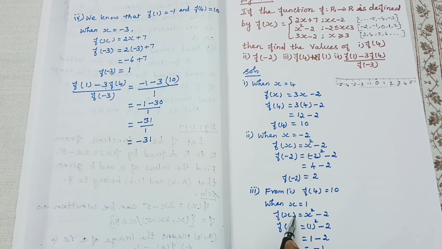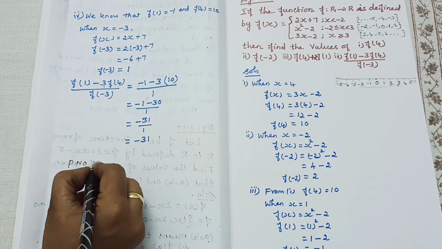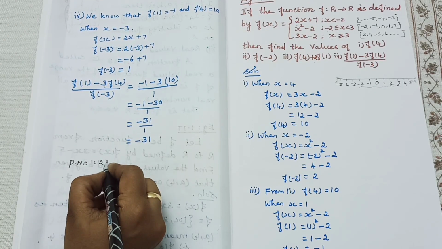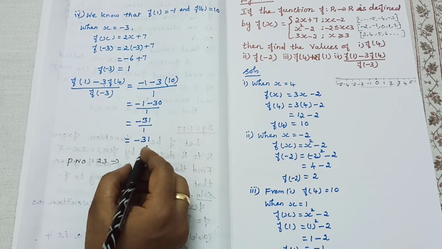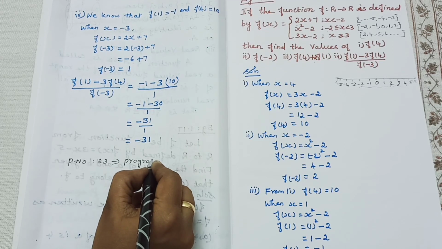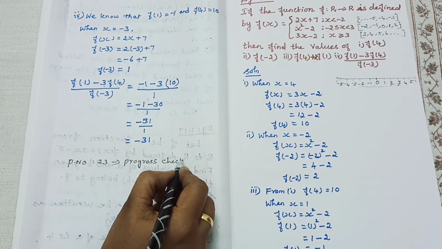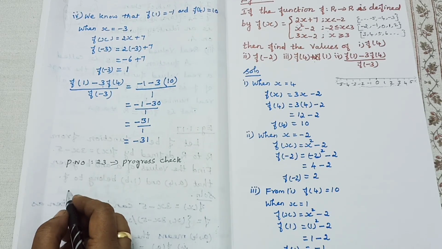State true or false. First one: all one-to-one functions are onto functions. You know very well, it is false, isn't it? Then the second one: there will be no one-to-one function from A to B when n of A is equal to 4 and n of B is equal to 3.